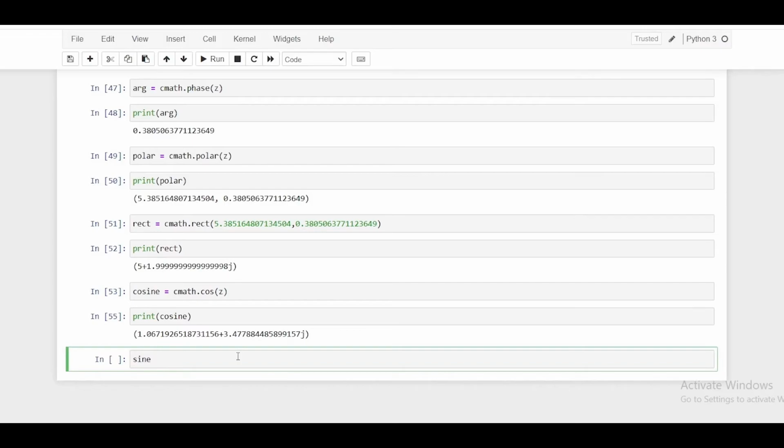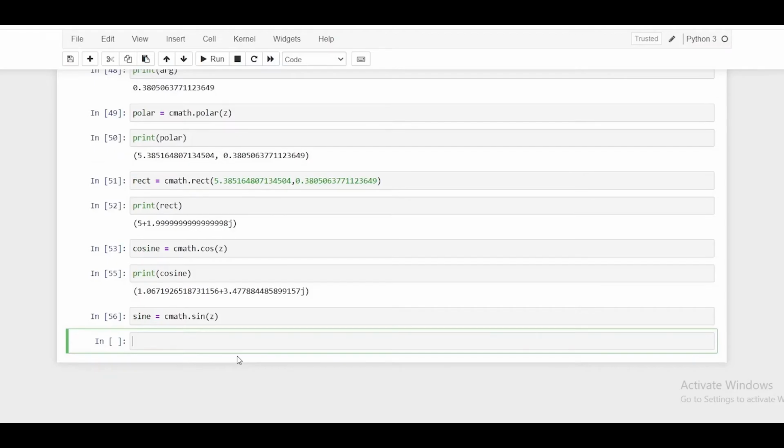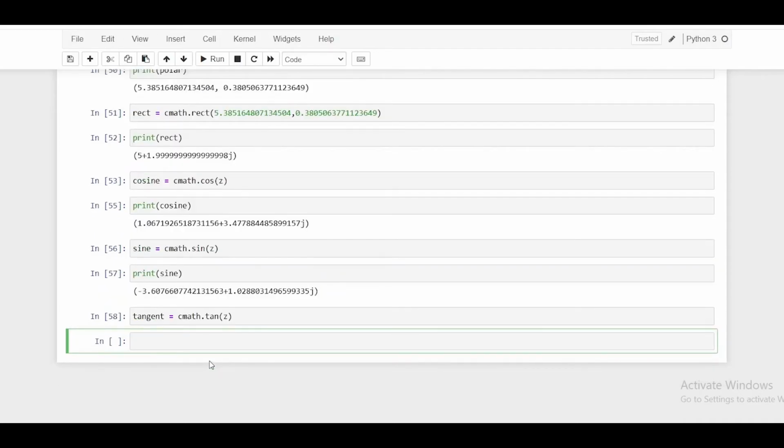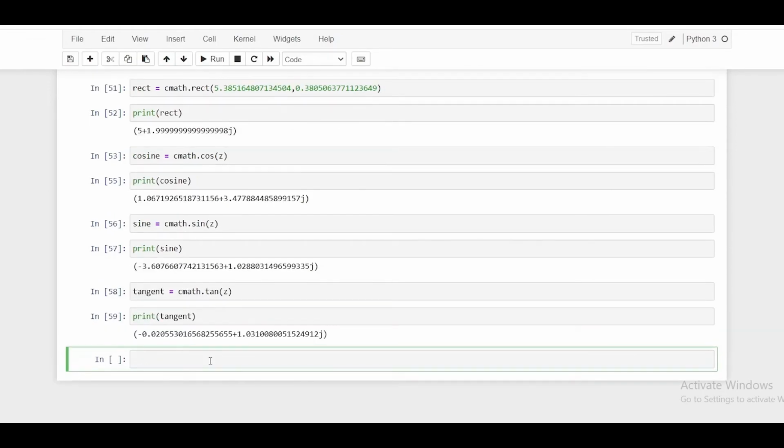So next we can also find the sine, which is cmath dot sin. You can also try tangent, which is cmath dot tan of z. So it prints out the tangent of the complex number z.